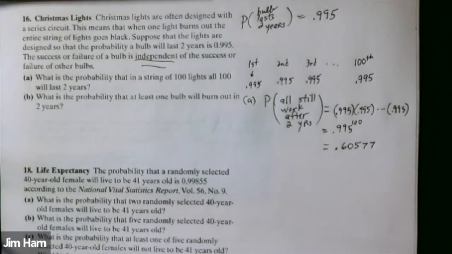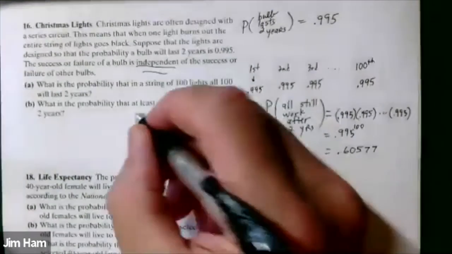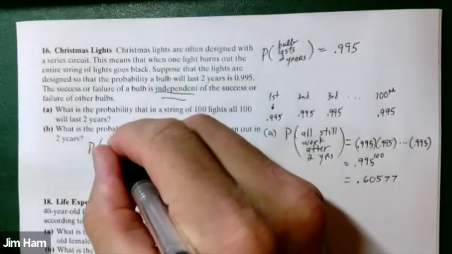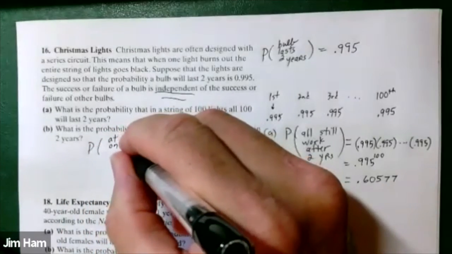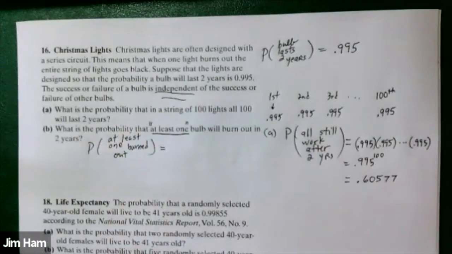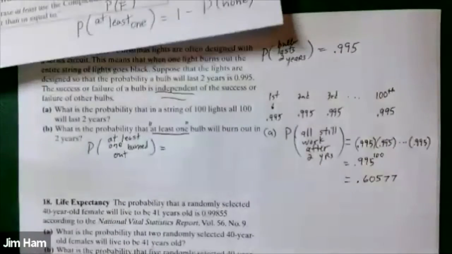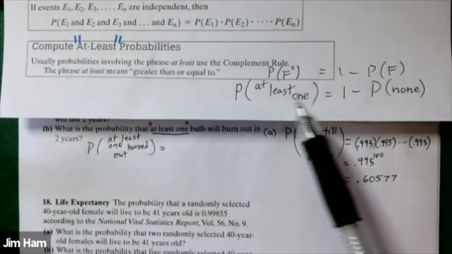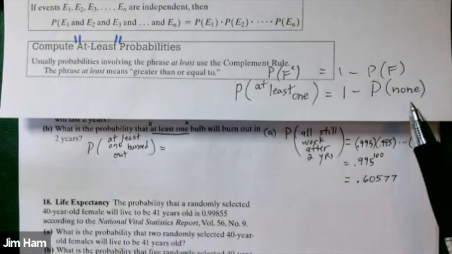All right, now I'm going to get into that at least one, because here you see it, at least one. So the probability of at least one burnt out is equal to, I'm going to frame it in terms of the at least one probability that we saw on the other sheet. The probability of at least one is 1 minus the probability of none. In this case, it means none burn out.